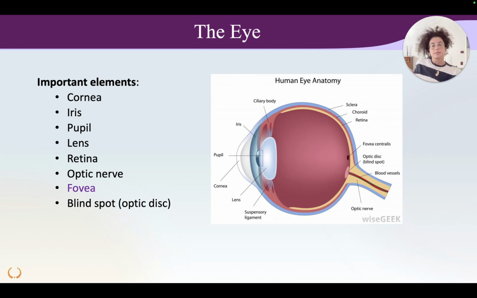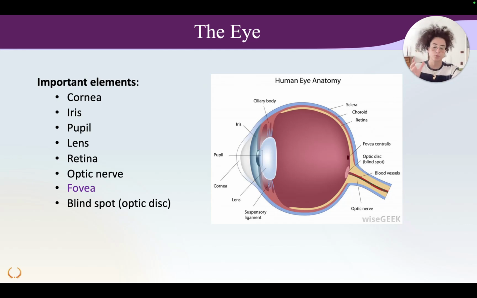This region is called this because there are no photoreceptors. The way we compensate for it is that the visual field of the right eye and the visual field of the left eye overlap, and so we do not perceive the blind spot.